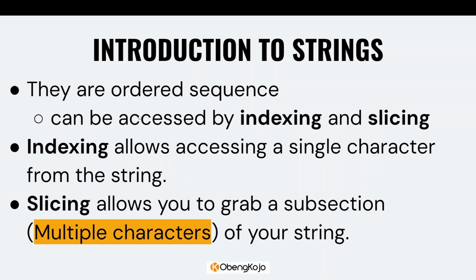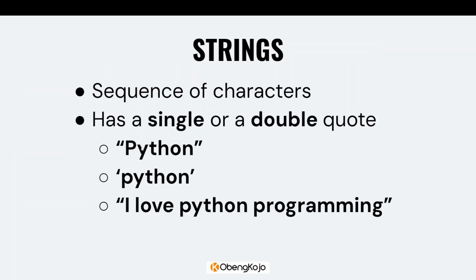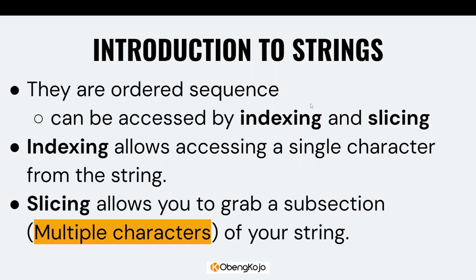Now, because a string is a sequence of characters, it's actually an ordered sequence of characters. Ordered means that every character has its specific position. If we go back in there, P has its position, Y has its position, in that order. To access the individual characters within a string, we use either indexing or slicing.